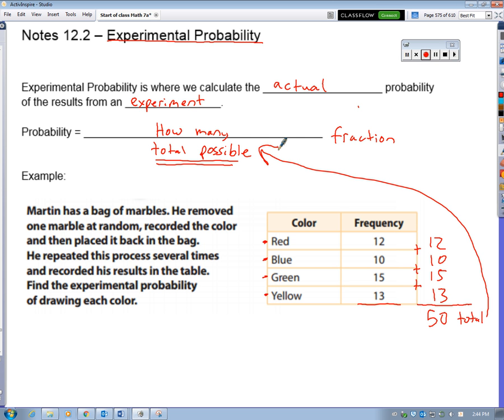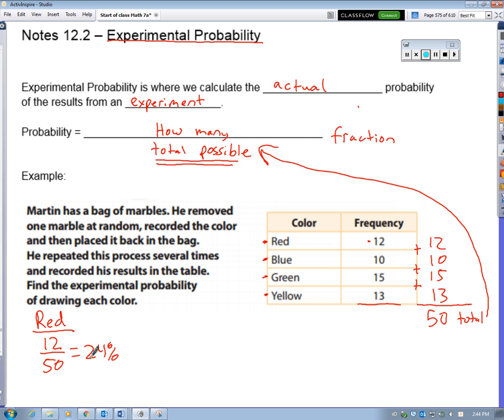From there, we're going to calculate the probability of each color. Let's start with red. To calculate the probability of red, we have 12 reds out of 50 possible. That's how many he drew. So 12 out of 50. If we divide 12 by 50 to get our percentage, that gets us 24%.